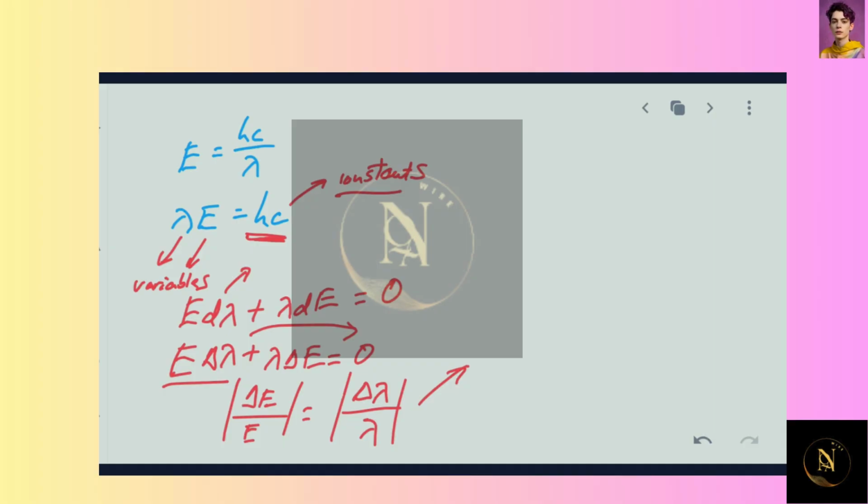Now to use this to find the smallest possible uncertainty in the wavelength.